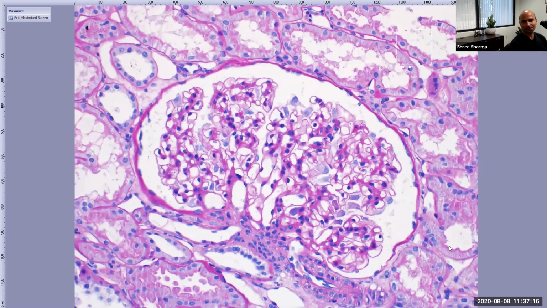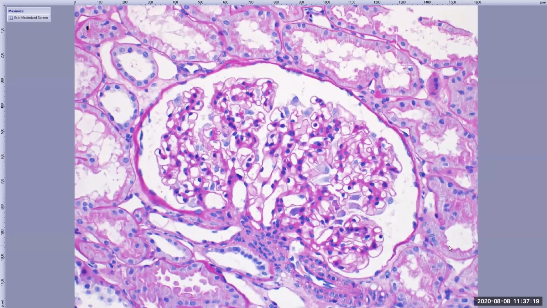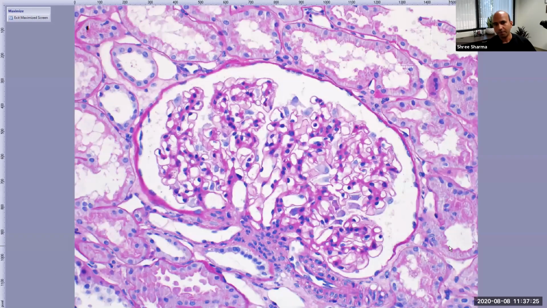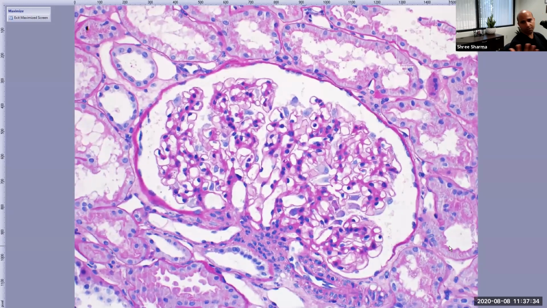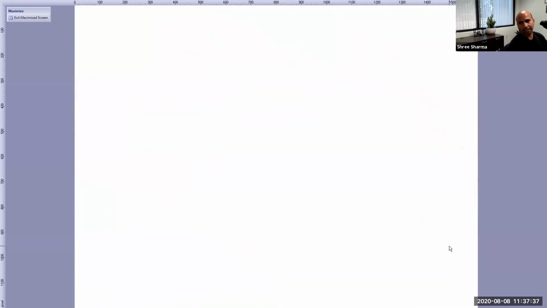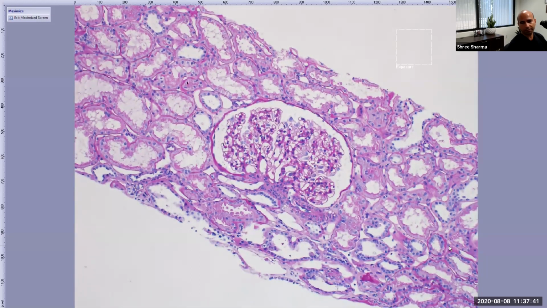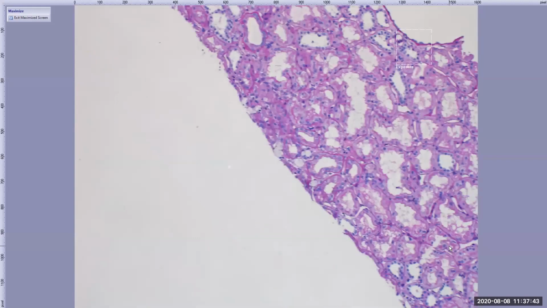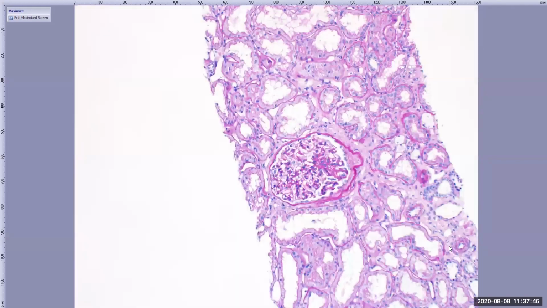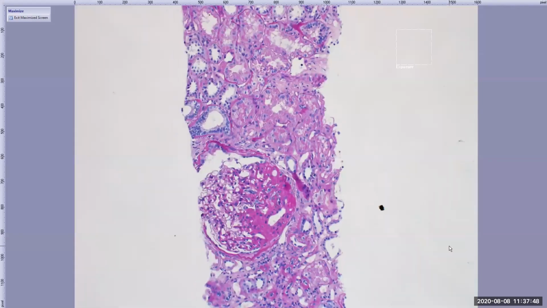Are there any criteria you use to say this is a large glomerulus? Obviously it depends on what power you're on. On the 40x objective, if it fills the entire screen, is what I was always told. Yes, 40x objective, more than 50% of the field. But let's define this, because I'm getting conflicting questions in the chat.